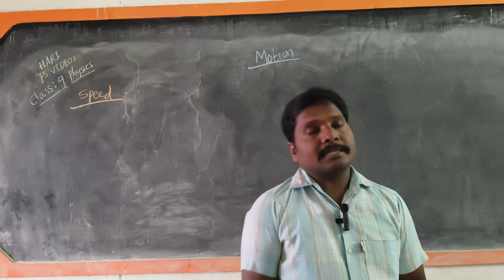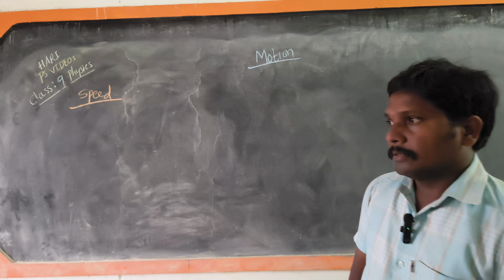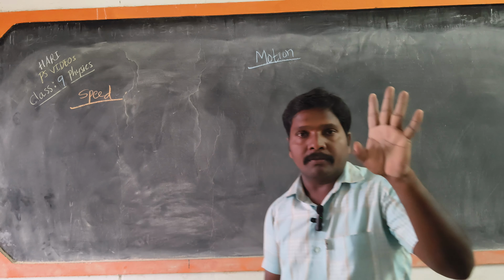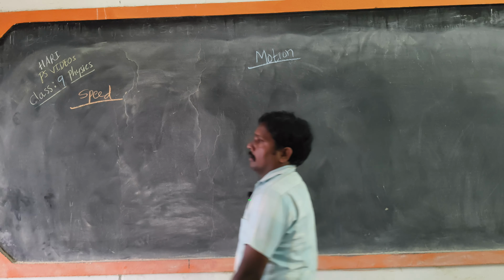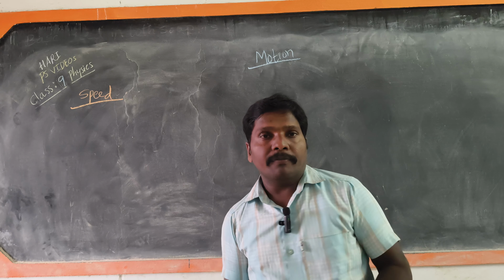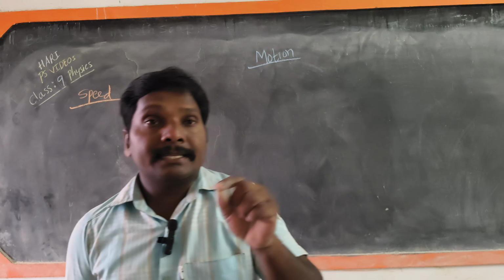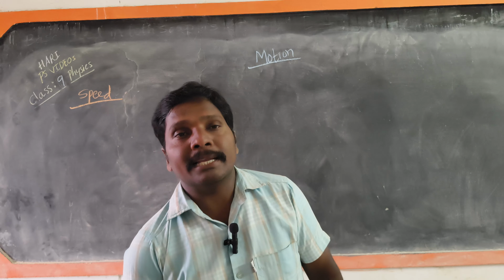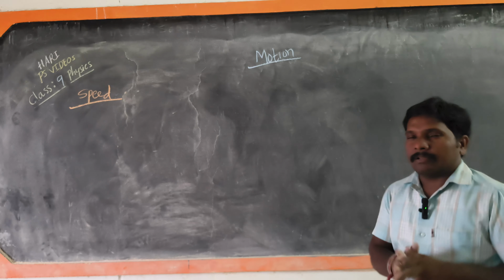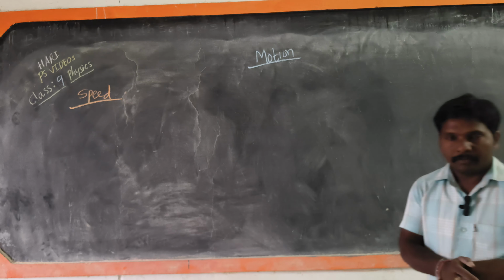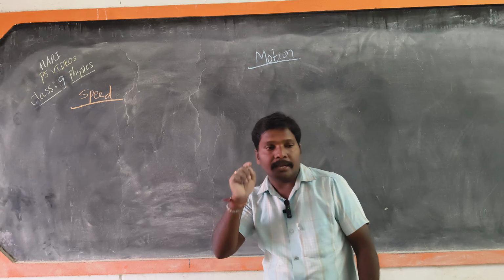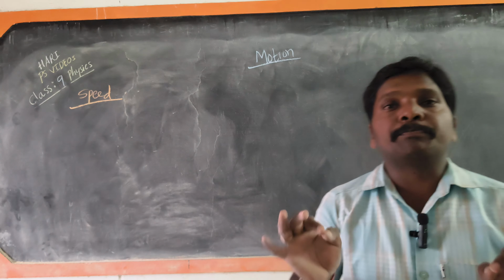We described motion previously with respect to time, reference point, observer, and surroundings, and we described motion in terms of distance and displacement, and we solved some simple problems also. Now, let us understand motion in terms of speed.